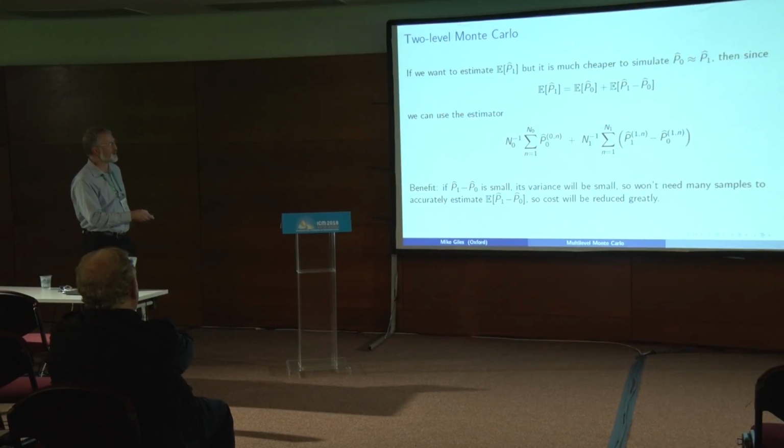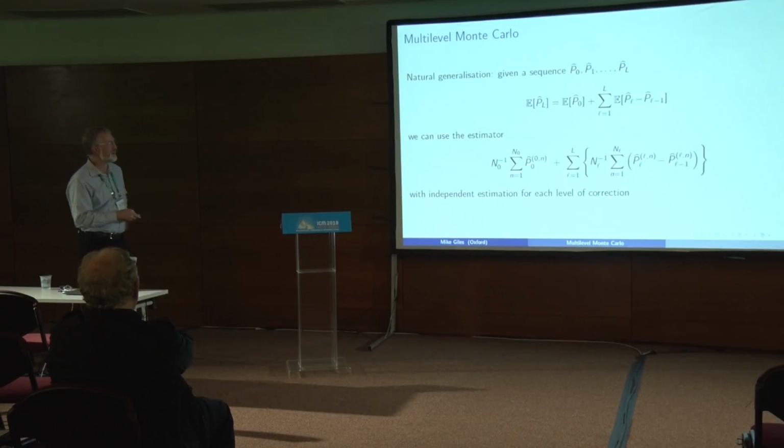Now, as soon as you have a two-level approach like this, and particularly for somebody like me that had a background in using multigrid methods in CFD calculations, it's very natural to go to a generalization with a whole sequence of levels. So all the way from p hat 0 to p hat capital L. So p hat L is going to be the finest level of resolution, and that's the one where we really want to get the expected value.